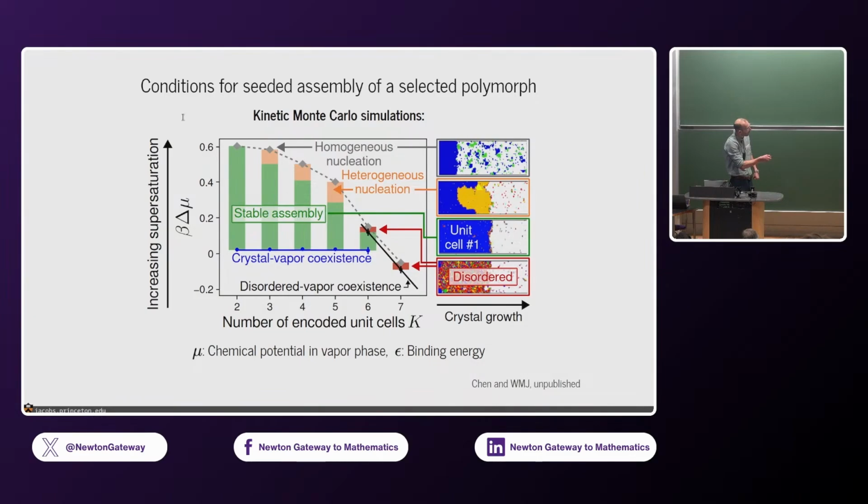As the simulation progresses, the interface will move to the right. So this green region here, for different numbers of encoded structures, tells us about where we're able to precisely retrieve this structure and build either a phase or a material that is defined by the seed.